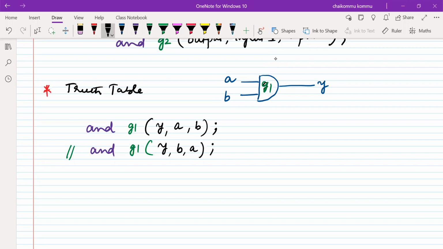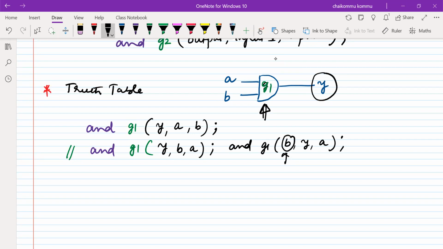For example, if I write: and g1 (b, y, a), according to your notation you are treating Y as an output signal, but it is actually taking B as the output signal, and Y and A are the input signals.